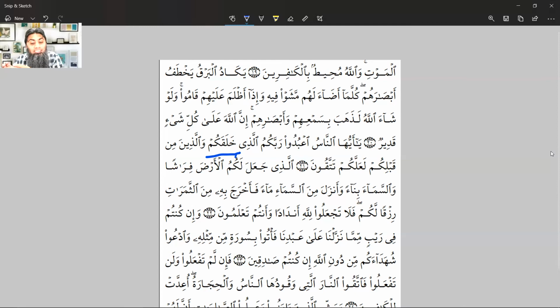You see, this raybin is regarding mimma nazzalna ala abdina. This is a jar majroor bucket, which we normally call muta'alliq. But in this case, if you call it sifa, it will make sense.